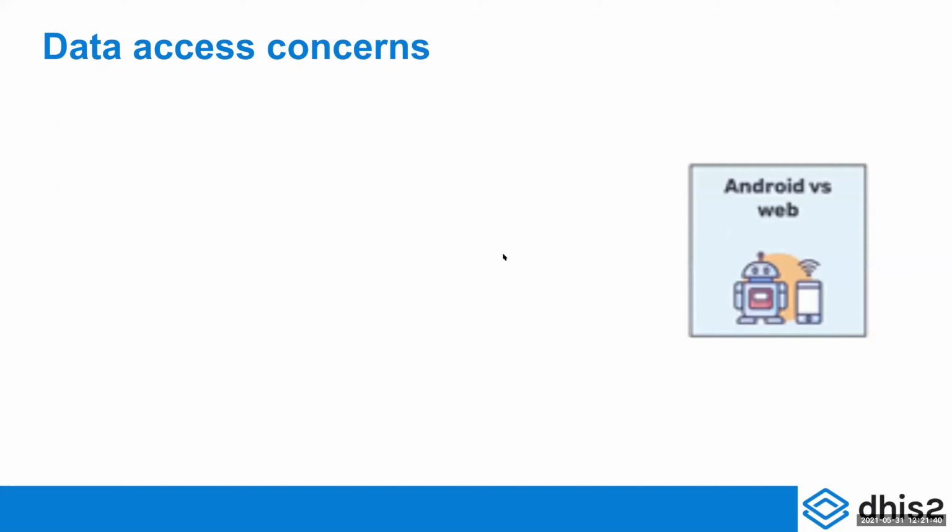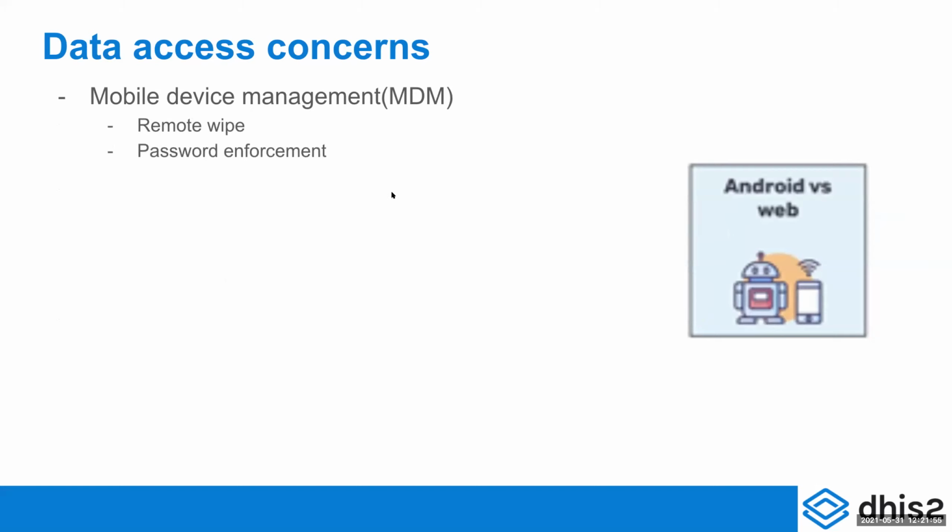And then when it comes to Android, one important part of data access might be MDM and the ability to remote wipe if a device is lost, for example. Having password enforcement on the Android devices might also be an important step to make sure that the data access is as limited as it can be.